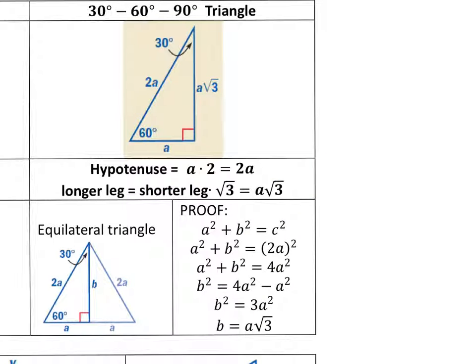Let's take a look at the 30, 60, 90 degree triangle. For the 30, 60, 90 degree triangle, you will have a 90 degree angle pointing to the longest side of the triangle, also called the hypotenuse, and the 30 degree angle pointing to the shortest length a, and the 60 degree angle will point to the next longest side.